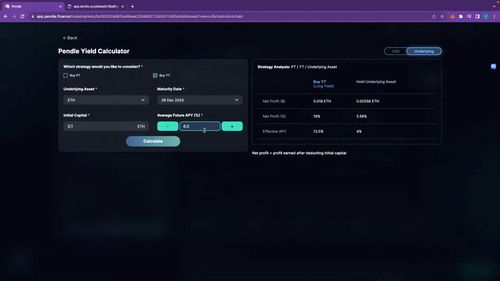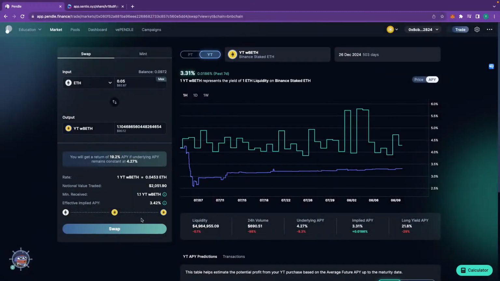And you can see that even in the case that underlying APY is 4.0% in the long term, this trade will still get you 13.5% if you buy YT and hold it all the way until maturity. So yeah, that's how you can look at the numbers and potentially execute a YT trade.